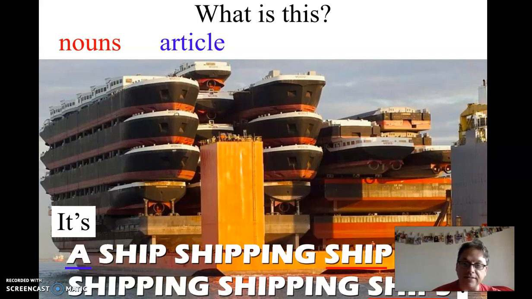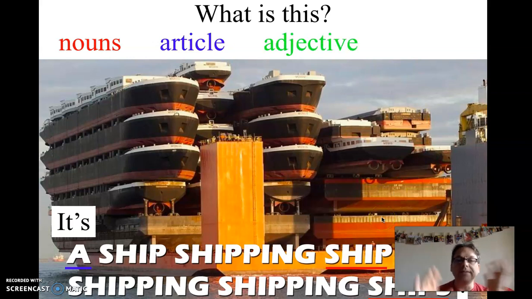This here is a ship. These are ships. So then we must have some adjectives here. We have an article, we have a noun. The only things that go in between are adjectives. Okay. A ship, shipping, ship.